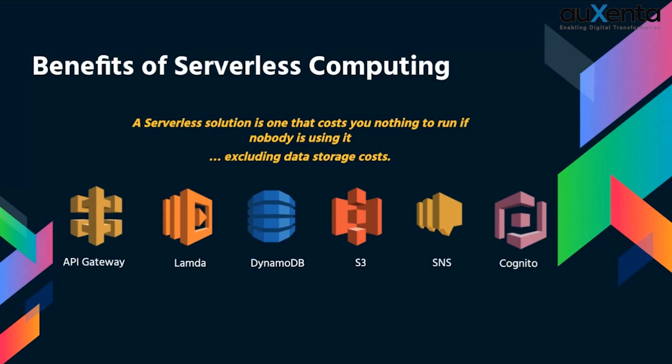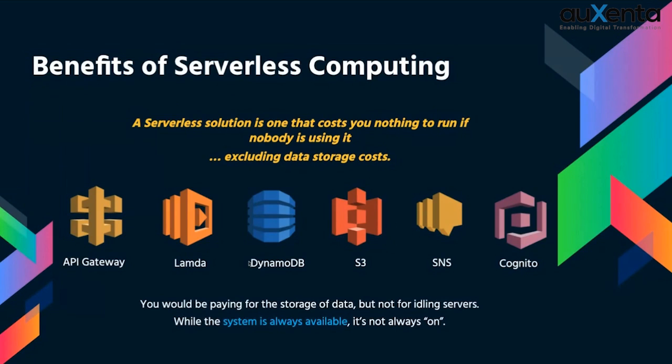So if nobody was using the system, the resources would essentially be dormant, and the data would be stored within your cloud-based system, ready for use at the first event. So you would be paying for the storage of the data, but not for idle servers. While the system is always available, remember that it is not always on.